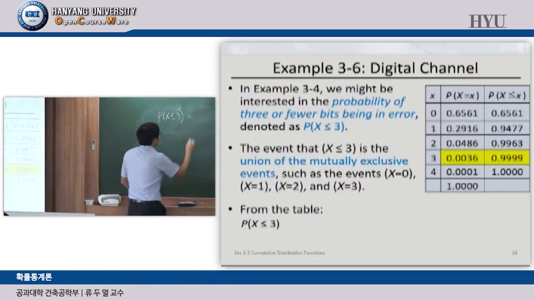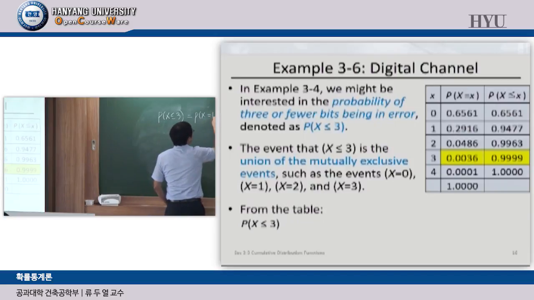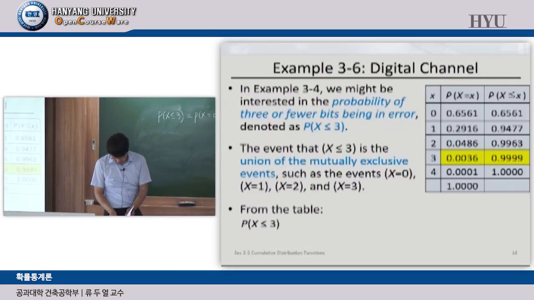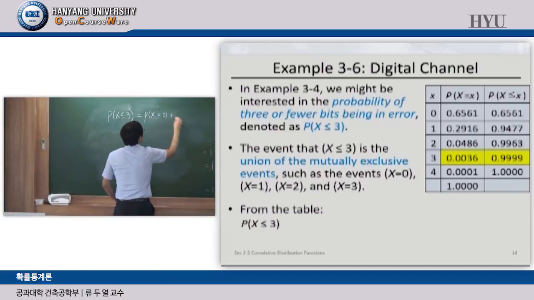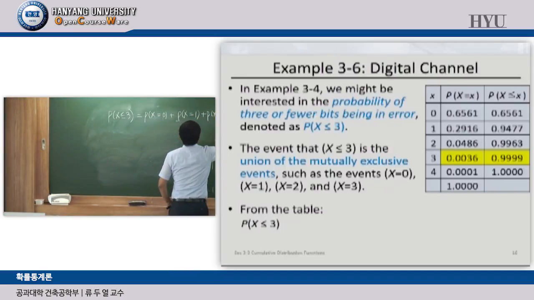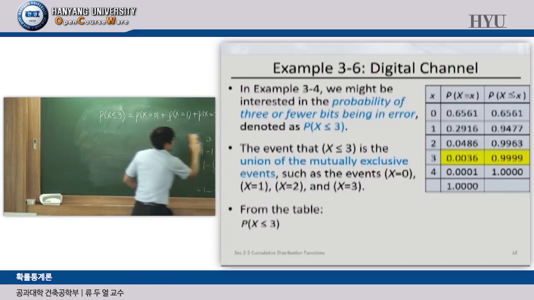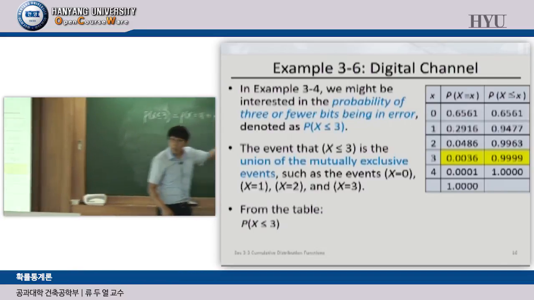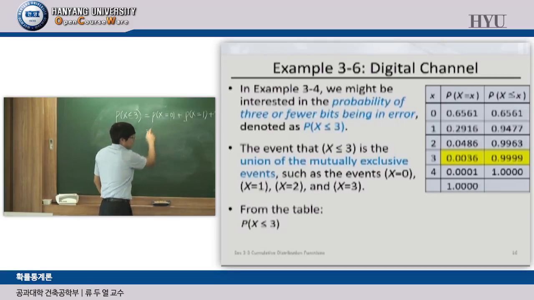That can be the summation of the probability of x equal to 0 plus the probability of x equal to 1 plus the probability of x equal to 2 plus the probability of x equal to 3, right? Because for this expression, we can have all these 4 possibilities.